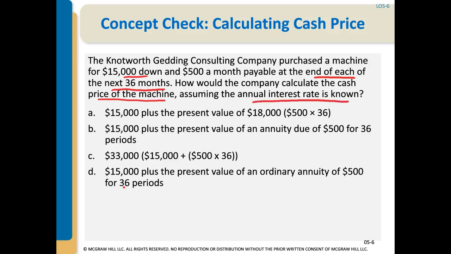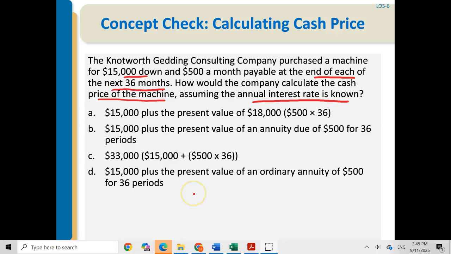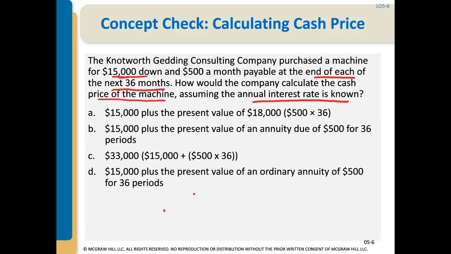We purchased a machine with $15,000 down, so that means we don't have to present value or future value that. We know we're going to pay $15,000 plus $500 a month payable at the end of each of the next 36 months. So we're going to have consistent payments made, not just a single payment.